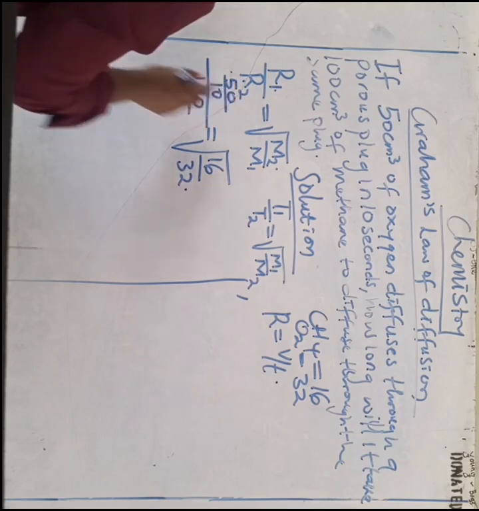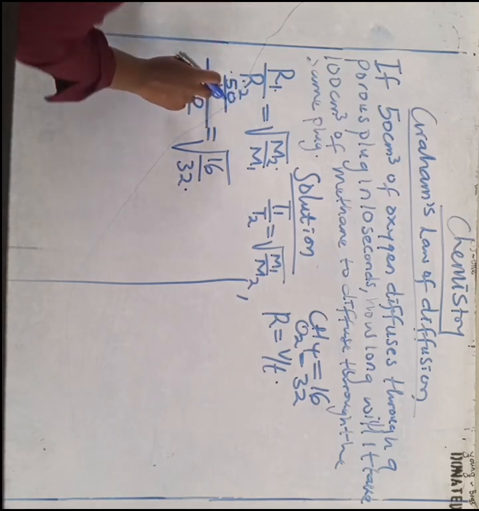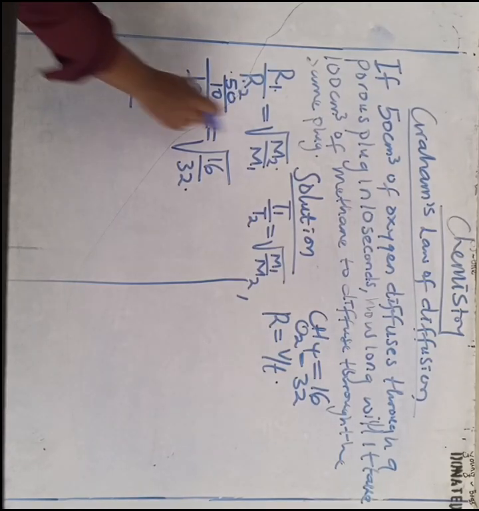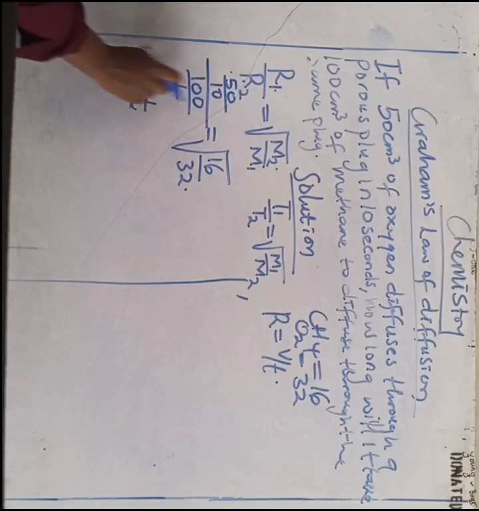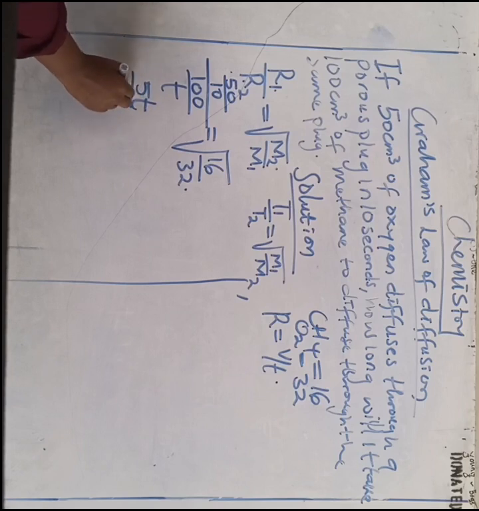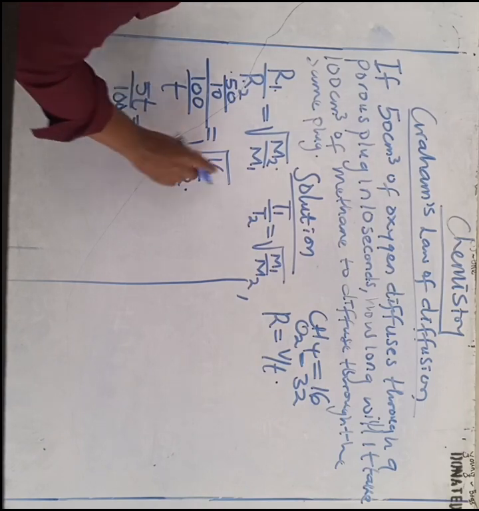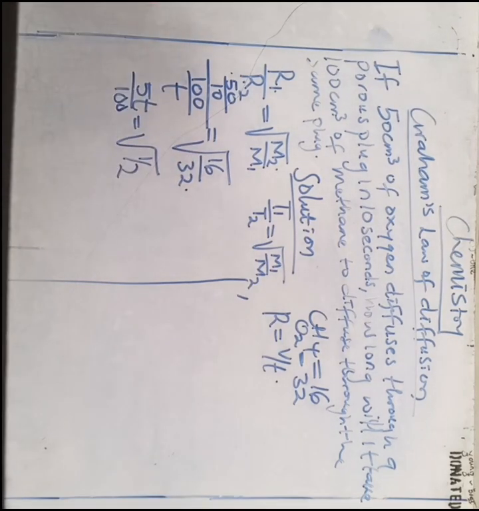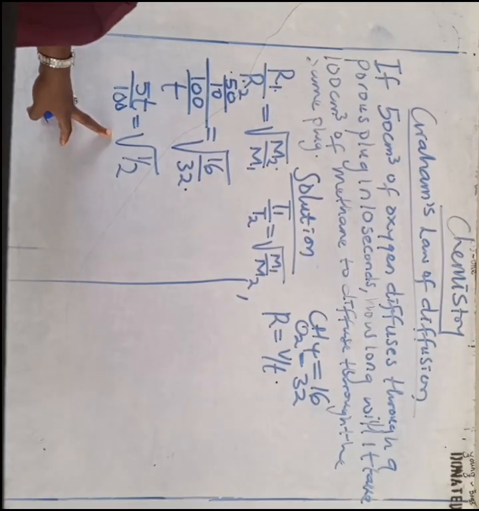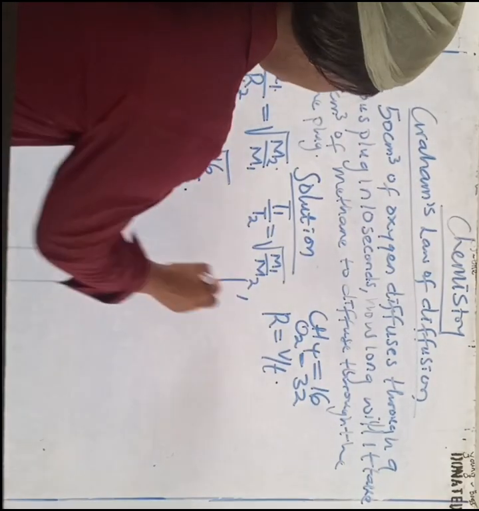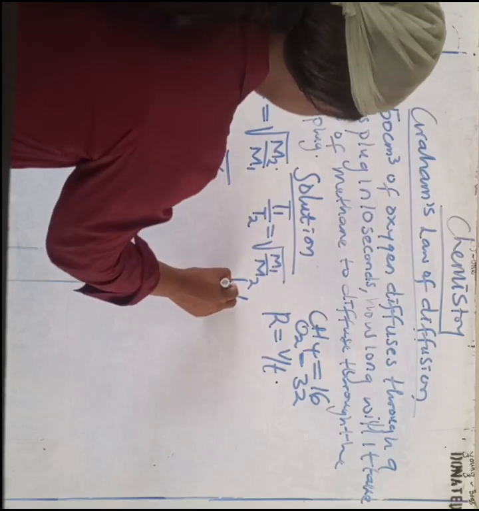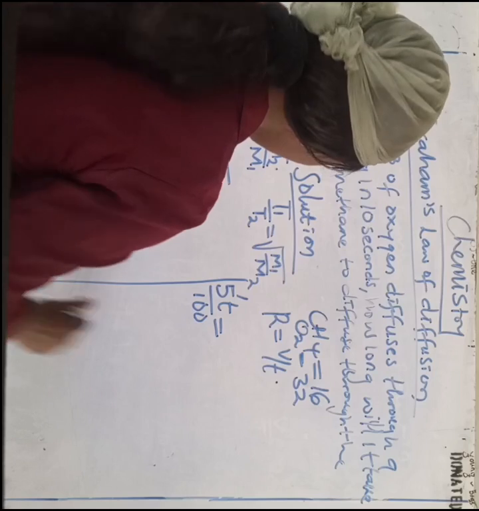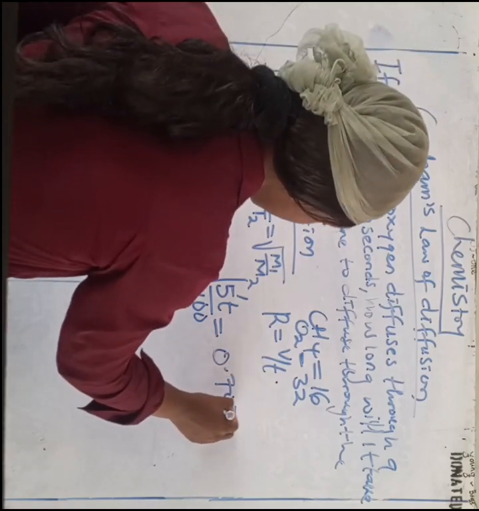So 50 divided by 10 will give me 5 over, and this will come up mathematically, 10 over t, equals the square root of 16 divided by 32, which gives 1 over 2. So what is the square root of 1 over 2? I'm going to have 5t over 10 equals 0.7071.